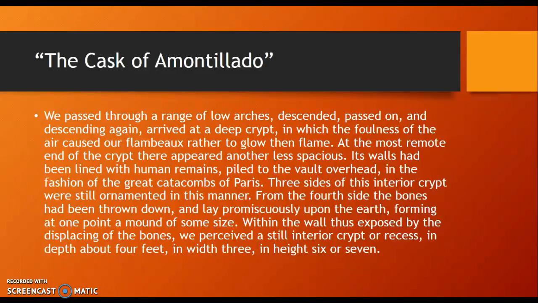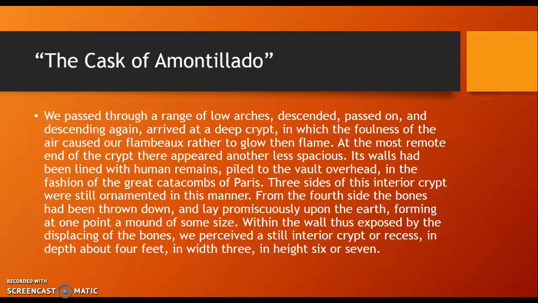We passed through a range of low arches, descended, passed on, and ascending again, arrived at a deep crypt in which the foulness of the air caused our flambeaux rather to glow than flame. At the most remote end of the crypt there appeared another less spacious. Its walls had been lined with human remains, piled to the vault overhead, in the fashion of the great catacombs of Paris.